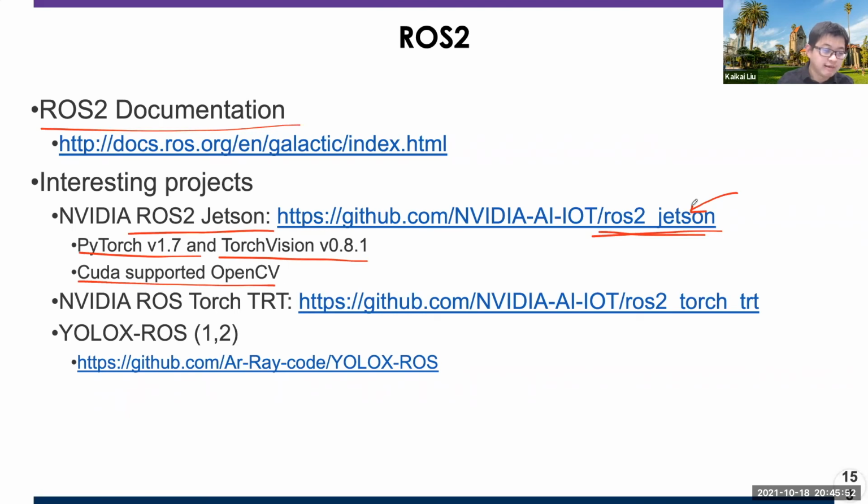So you can use the NVIDIA Jetson to run ROS 2 for your PyTorch models. Also, NVIDIA has ROS PyTorch TensorRT, which does TensorRT acceleration. You can check NVIDIA's ROS 2 PyTorch TensorRT acceleration for object detection models.